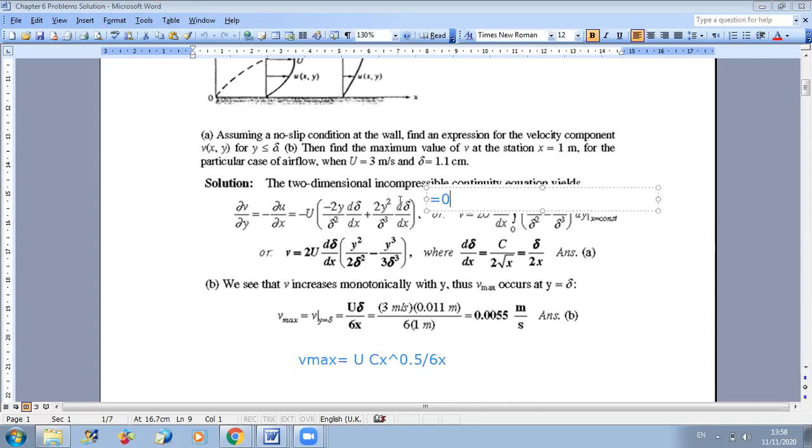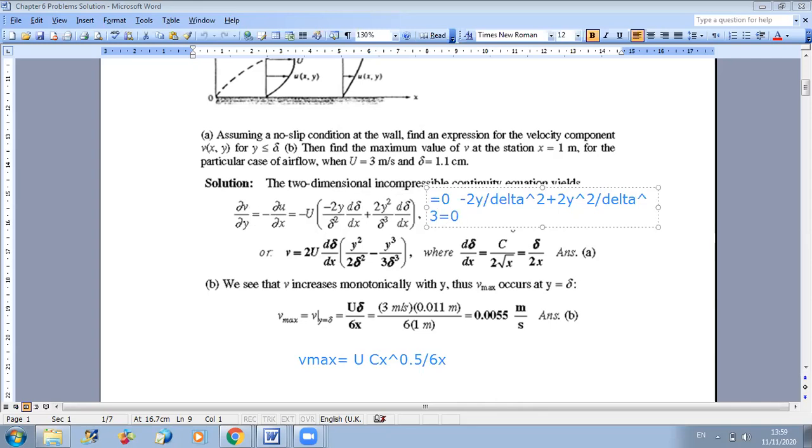يعني if you solve that, this term is 0 لأنه خد d delta by dx into factor. شو بتصير الكونديشن؟ بصير عندك minus 2y over delta square plus 2y square over delta cube should be equal to 0.